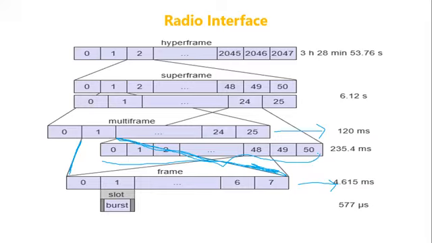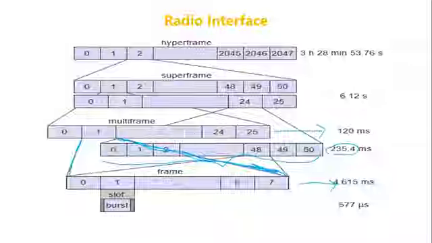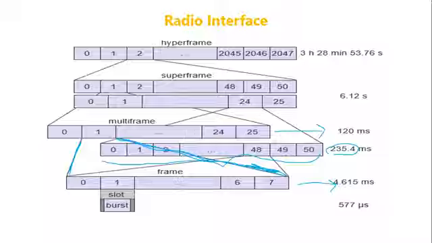The control multi-frame contains 51 normal frames, so its duration is 235.4 milliseconds. When you multiply 4.615 into 51, what you get is 235.4 milliseconds.